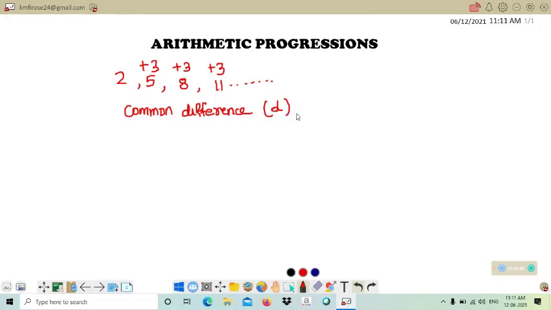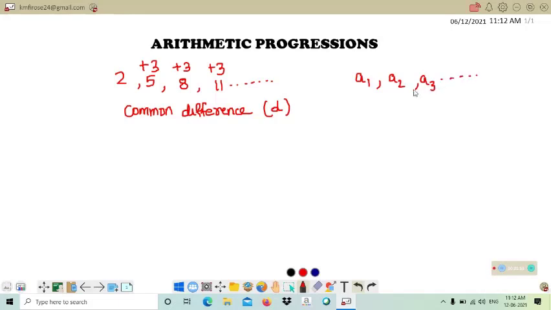So common difference. How do we get that fixed number? We will get it by subtracting second term minus first term. See, 5 minus 2, or third term minus second term. Suppose first term is a1, second term is a2, third term is a3.